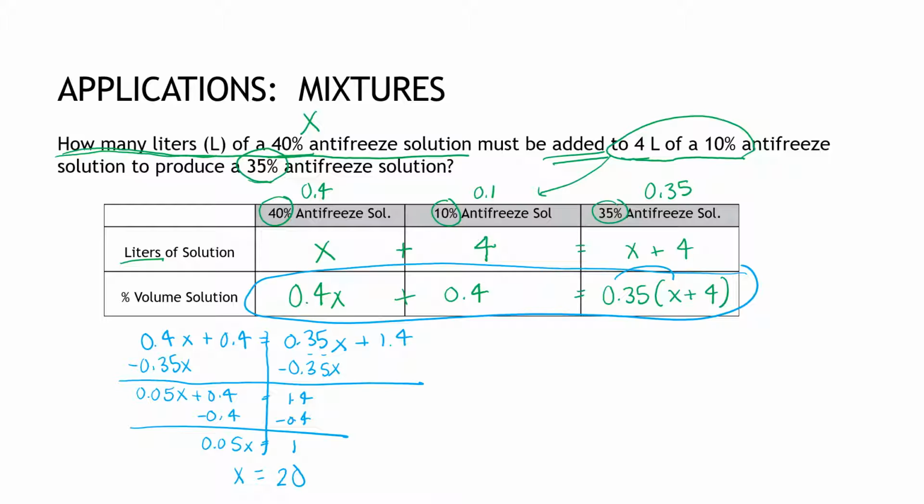It's always good to go back and look at, did I answer the question? The question says, how many liters of 40% antifreeze solution must be added? Since I set x equal to that, I've answered my question. So here I would write a sentence that says, I must add 20 liters of 40% antifreeze solution to produce the new solution.